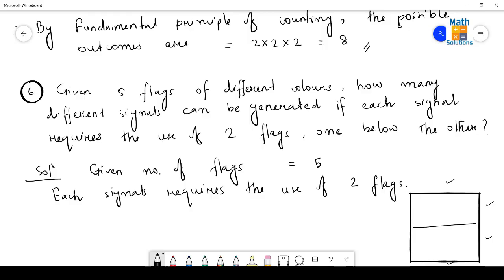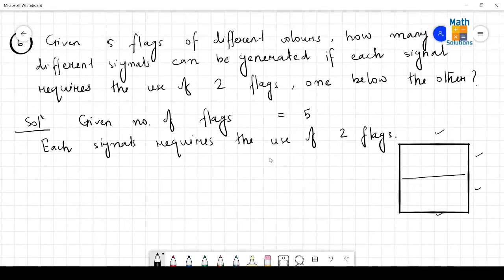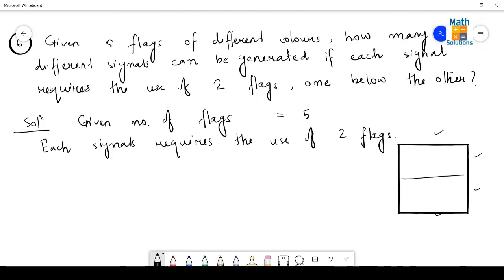Both should be of different colors so that they can represent any signal. Therefore, what does it mean? If both the flags should not be of the same color, repetition is not allowed. So it is well understood from the question itself that repetition of same colored flag is not allowed.